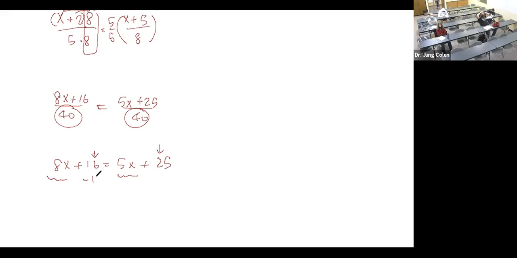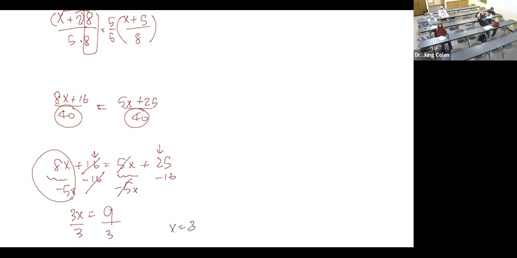So I can subtract 16 on both sides, right? So this is gone, and I can subtract 5x on both sides. And this is gone. What do we have on the left hand side? 3x. Right hand side, 9. And divide both by 3. So x is 3. You can solve it that way, okay, using the proportion.